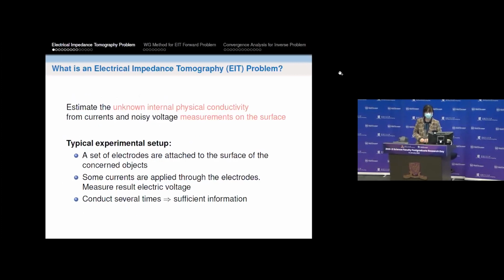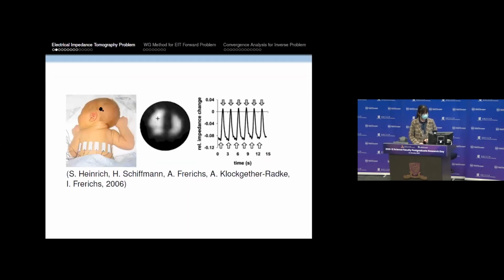To start with, what is an electrical impedance tomography problem? The objective of such a tomography problem is to estimate the unknown internal physical conductivity from the currents and the noisy voltage that we measured on the surface. Just as an example, we check this picture. The experimental setup is as follows.